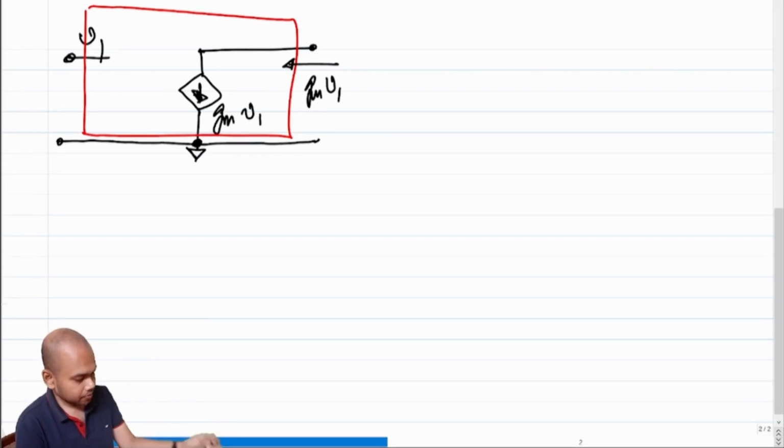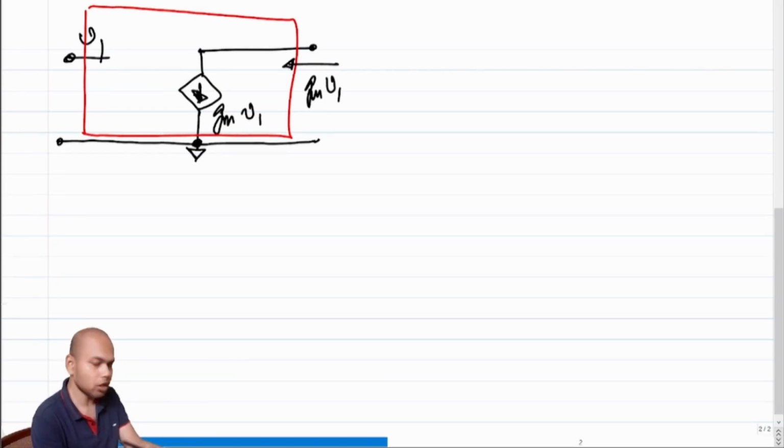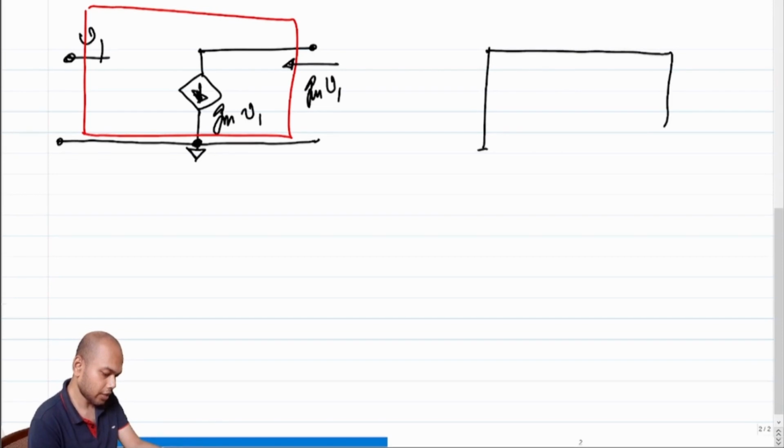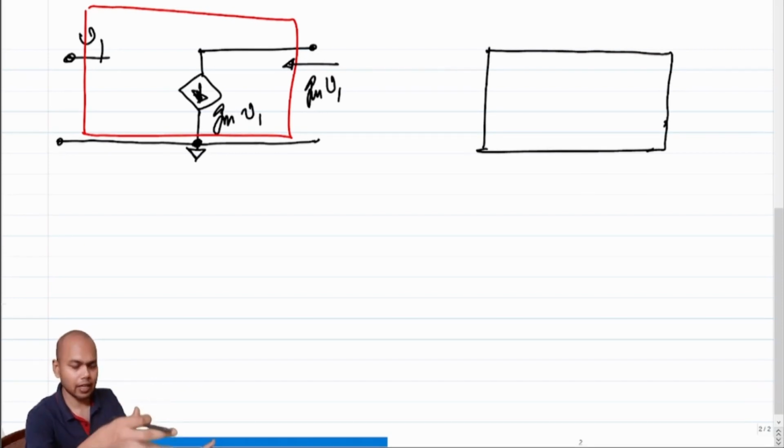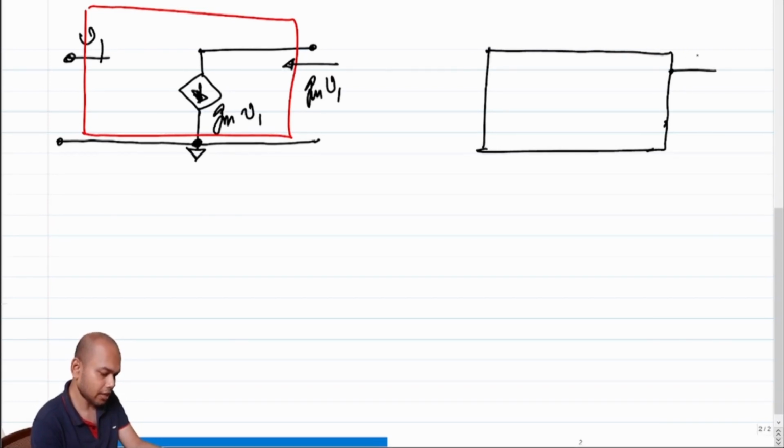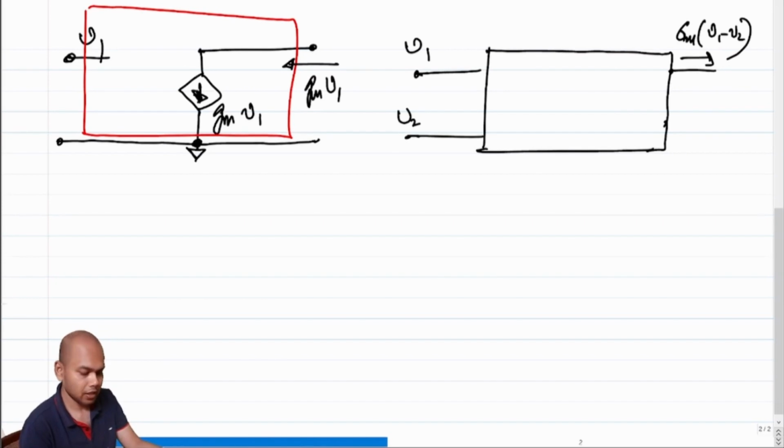So if we have to black box our differential amplifier, what should that black box look like? Instead of sketching this entire differential amplifier topology, it would look as if there is a current of some Gm times (V1 minus V2) flowing out when there are inputs V1 and V2, correct?